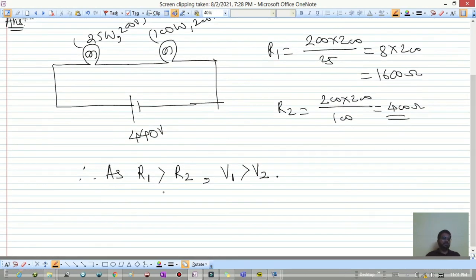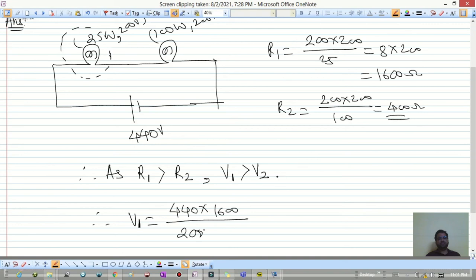This indicates most of the voltage will be across this 25 watt bulb. And how much? V1 is equal to the total voltage 440 into the resistance R1, that is 1600, divided by total resistance, which is 2000.